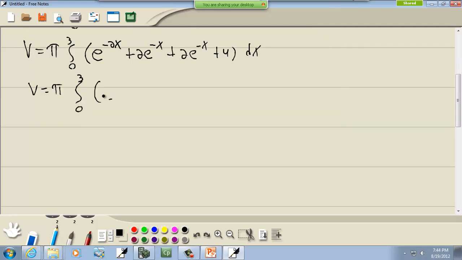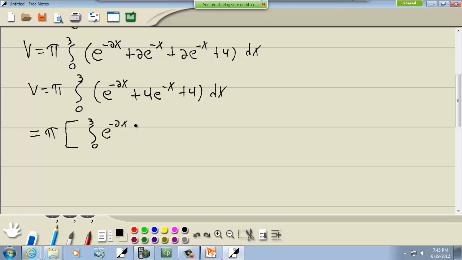So 0 to 3, and then e to the negative 2x plus 4e to the negative x plus 4 dx. And I'll split this up. 0 to 3 of e to the negative 2x dx plus 4 of e to the negative x dx plus 4 dx.